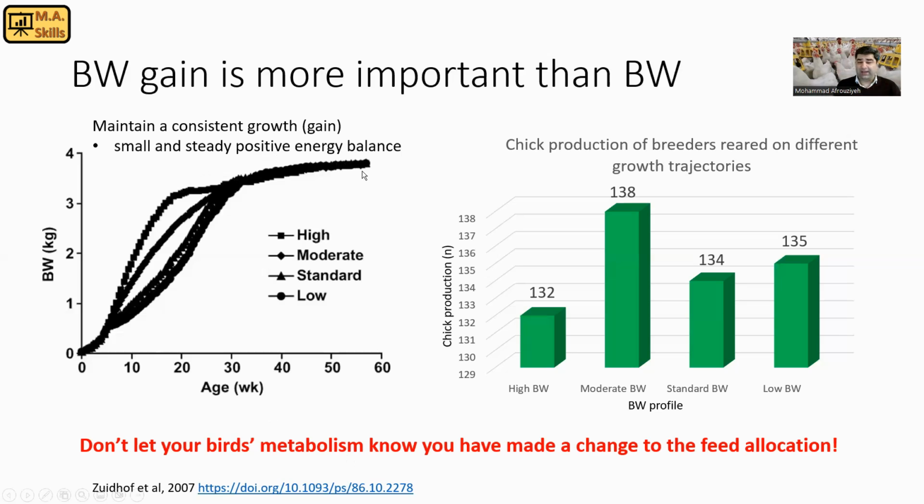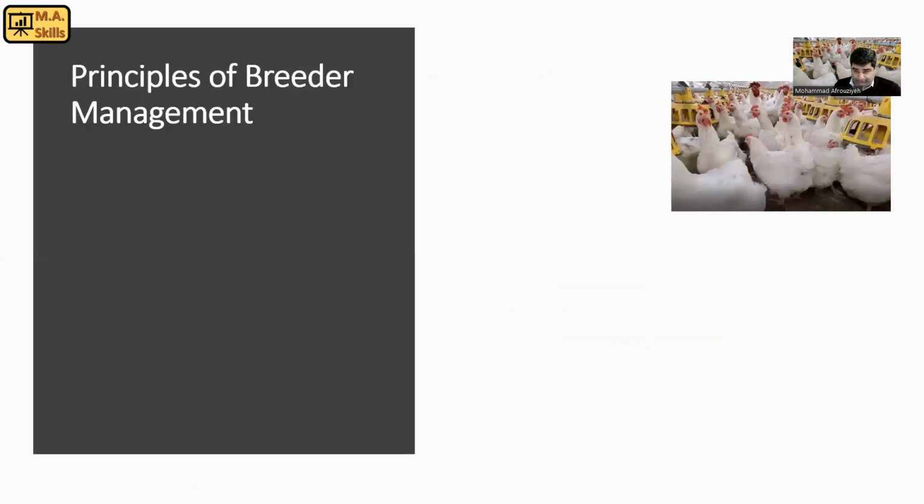A small and steady increase in feed allocation. A small and steady positive body weight gain. If you follow these instructions, you're going to be successful in broiler breeder management.